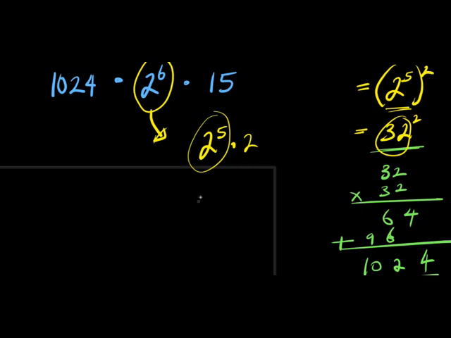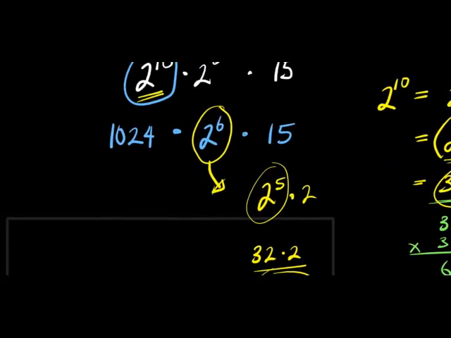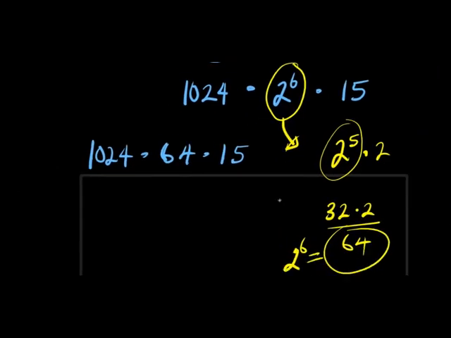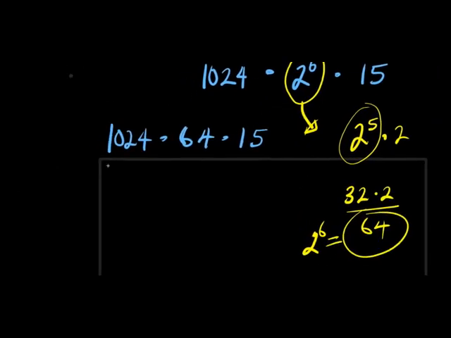So from here we have 32 times 2. And 32 times 2 is 64. So 2 power 6 is 64. So that means we have 1024 times 64 times 15.